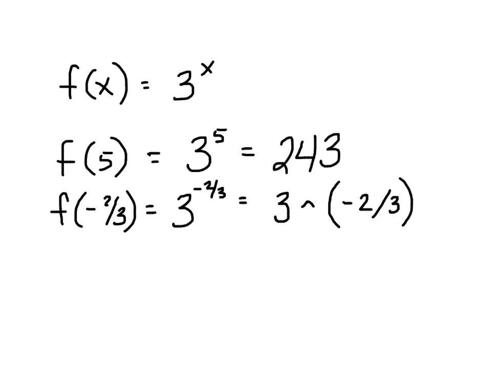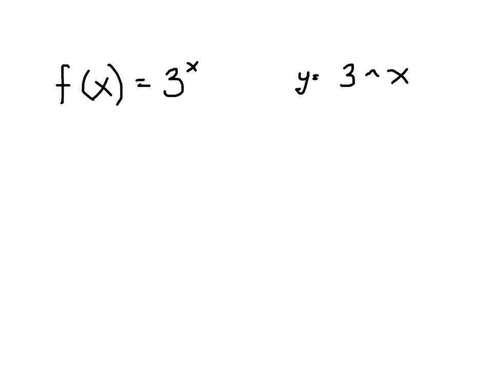If you've got the newer 84s that give you a little, I call it a little shadow box, then you wouldn't need the parentheses necessarily, but it still would come out to be approximately 0.481 if you're rounding to 3 decimal places. I know it goes on a little bit further than that, but that's what it would be if you were to just evaluate. It just means plug the number in and see what you get.